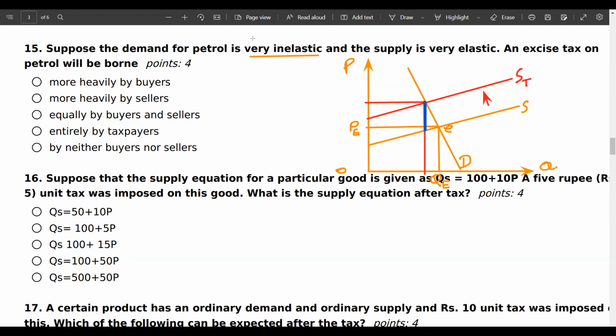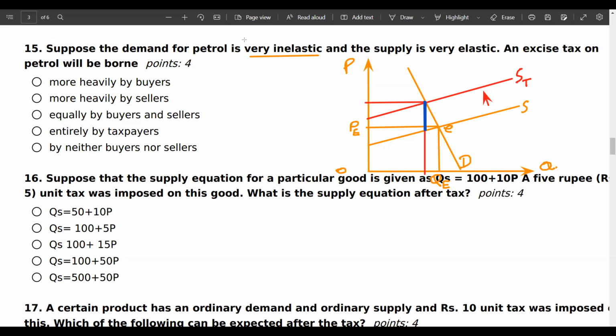So you see the vertical gap between two supply curves: when a tax is charged, the curve will shift parallelly, and the vertical gap between two supply curves will be equal to the tax amount charged. So this blue line exactly shows us the amount of tax that's being charged.